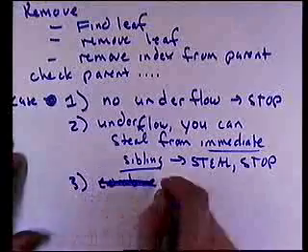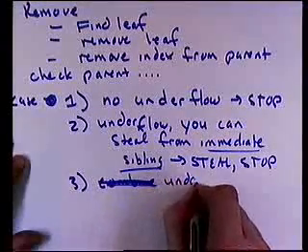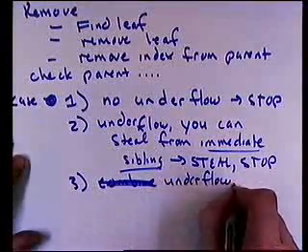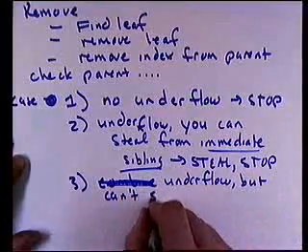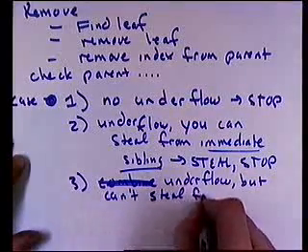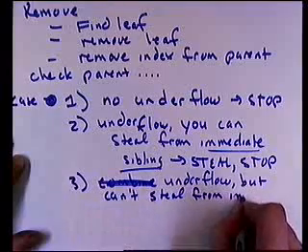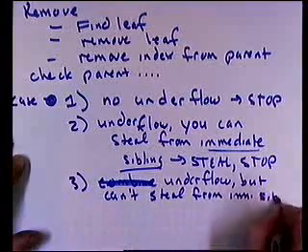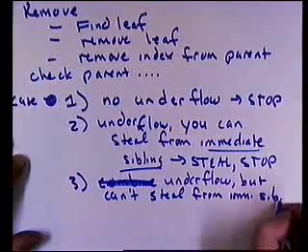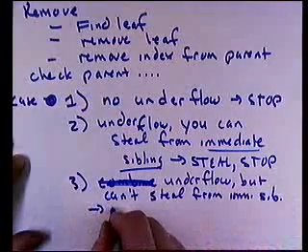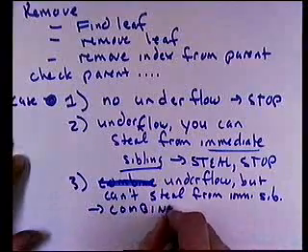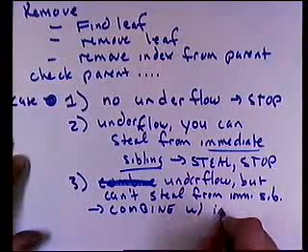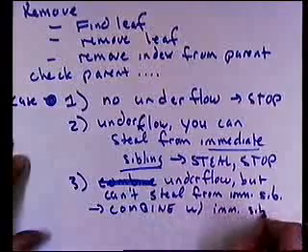Actually, I should do the condition here. The condition here is underflow, but can't steal from an immediate sibling. So therefore, you will combine with your immediate sibling instead.